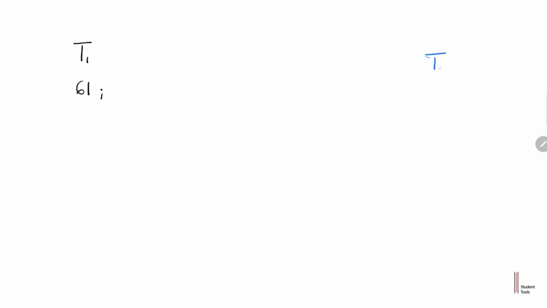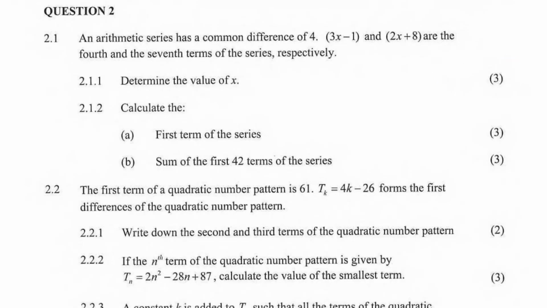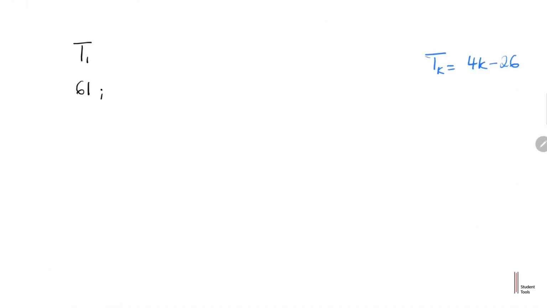which is term number k equal to 4k minus 26. So we're given this general term, and we're told that this general term forms the first differences of the quadratic number pattern. So here we're given this quadratic pattern, which has the first term as 61.